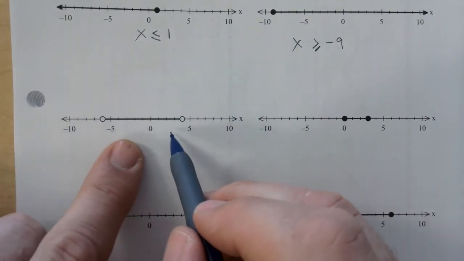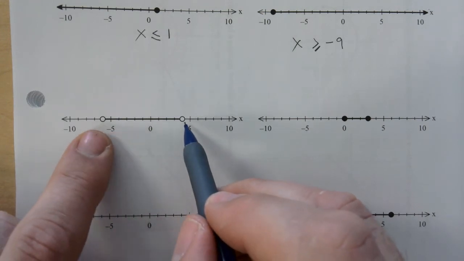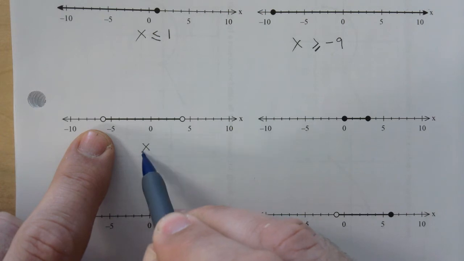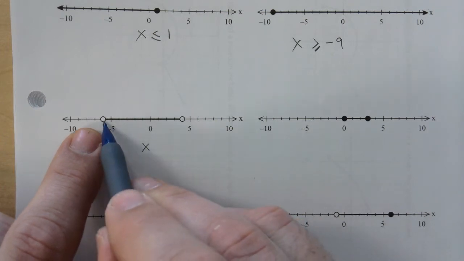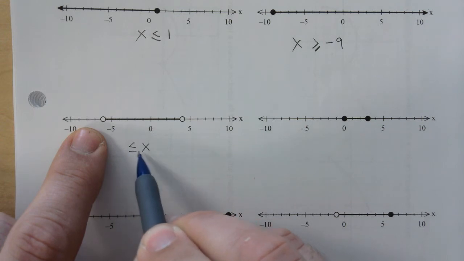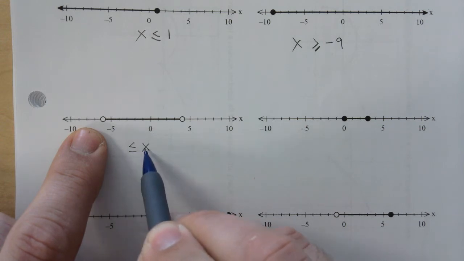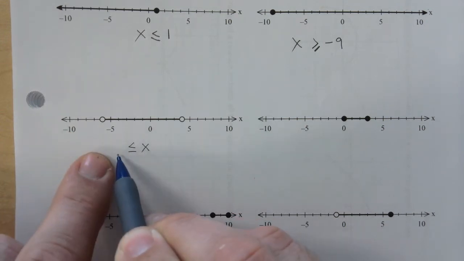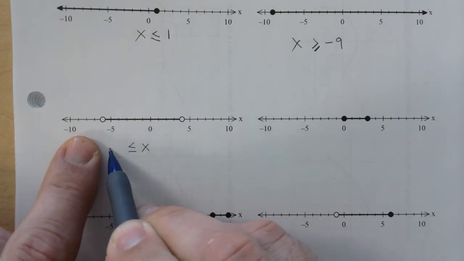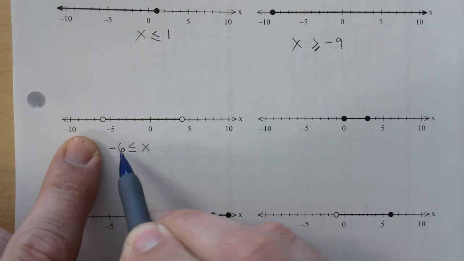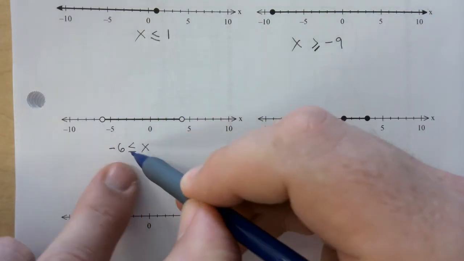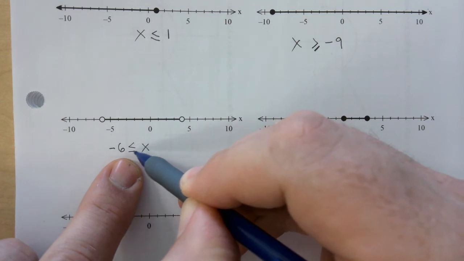Now we're contained. Okay, so this is different. So you put the X in the middle, do the lower first. You know that X is going to be greater than this number. So we go -6. And I already made a mistake, I know. You don't have to yell at home or here. You don't have to be like, you're making a mistake. This is open, so we should not be having that equal sign.